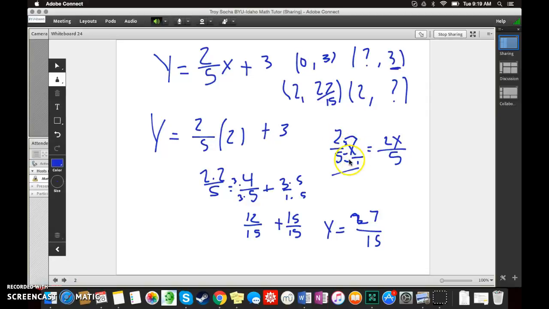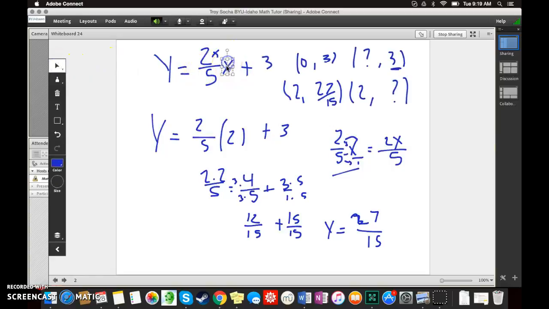So the 2 goes to the x, the 5 goes to the 1, we get 2x over 5. So another way to write this is to move this x up here. All right. So that is how you would plug in for a missing variable.